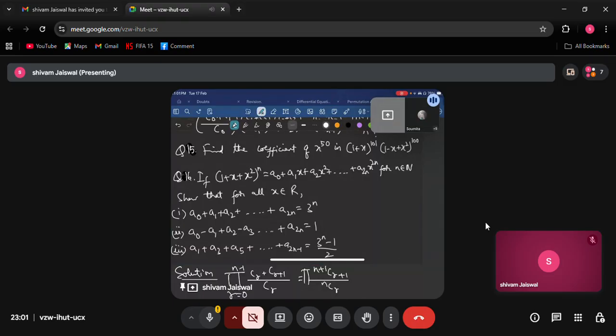Okay, question number 15 I'm solving. Pay attention. Find the coefficient of x to the power 50 in 1 plus x whole to the power 101 into 1 minus x plus x square whole to the power 100.